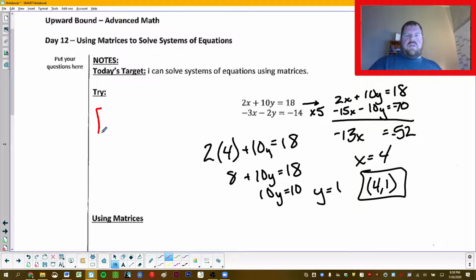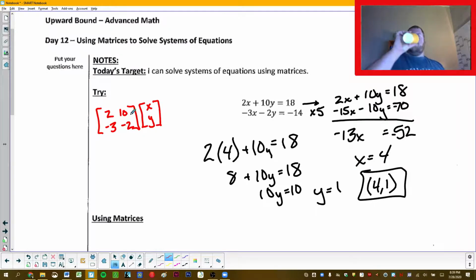Because when I take this matrix, 2, 10, -3, -2, which is a 2 by 2, and I multiply it by x and y, if I were to do this multiplication how we learned matrix multiplication, I get 2 times x plus 10 times y, and then -3 times x plus -2 times y.